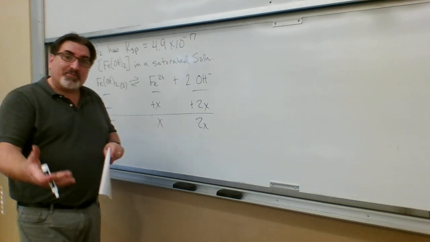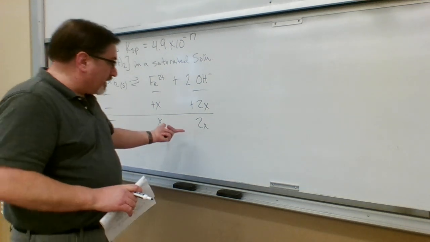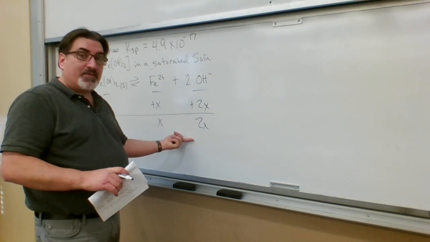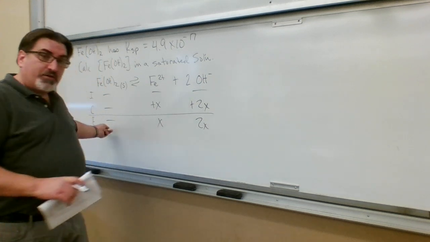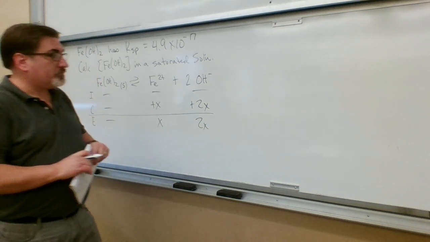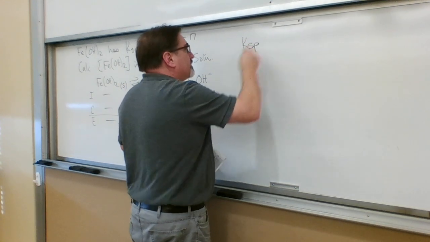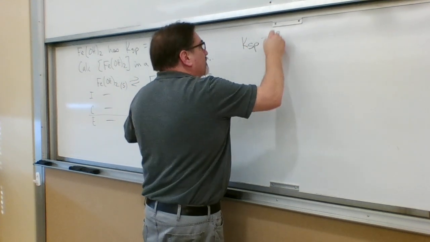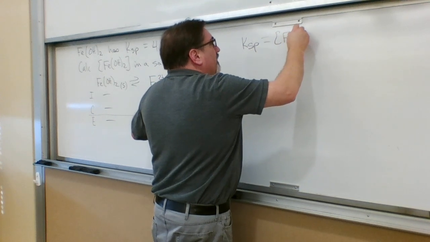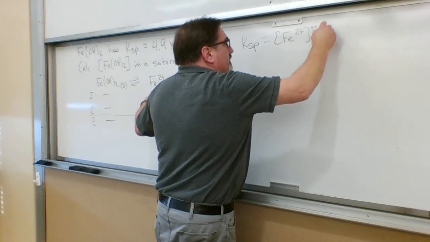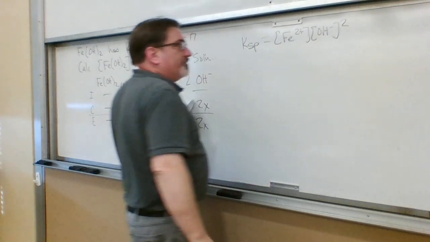Now, if you remember what we did with this in the Kc problems, we plugged these into the Kc expression. We're going to do the same thing again. There's just nothing to do for the denominator because it was a solid. So KSP for these would be the concentration of Fe2+ times OH minus squared.